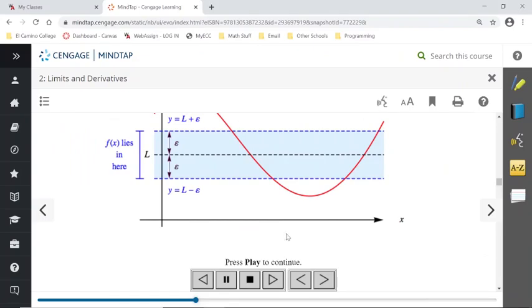Back to the animation. So what happens next? We say, well, if we're going to end up having to be between this lower bound here and this upper bound here, then let's take a look at the curve to see where those associated y values are and what x values they correspond to.